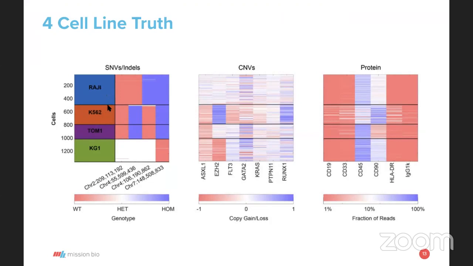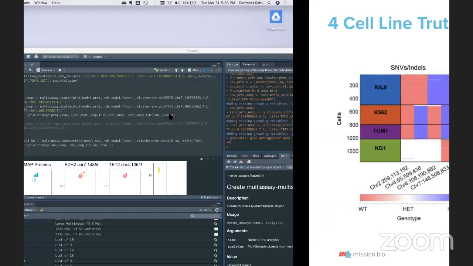We know that for Raji, if you take these 4 mutations, we have different genetic signatures for each cell line. I just showed these two, TET2 and EZH2 mutations, which are homozygous, and which show the different genetic signature.